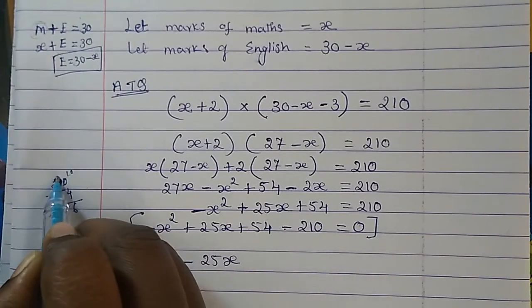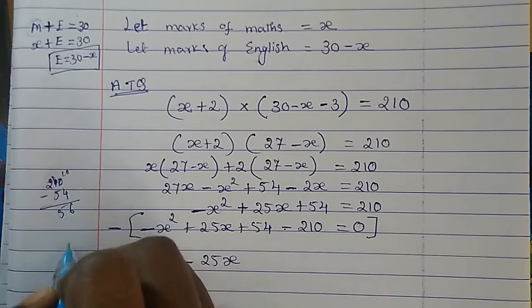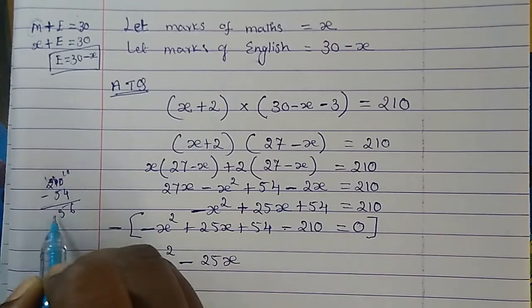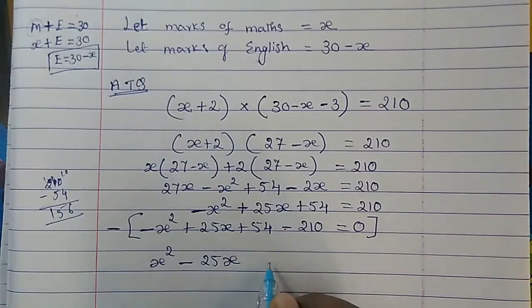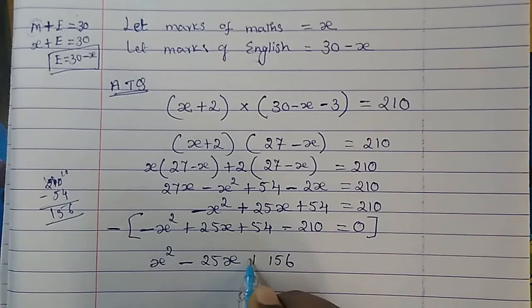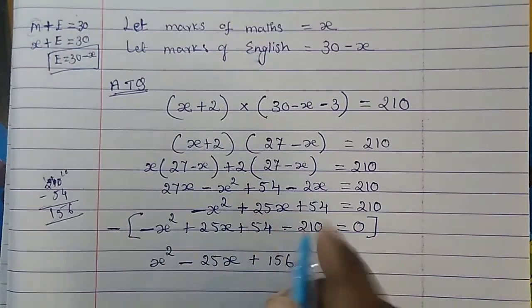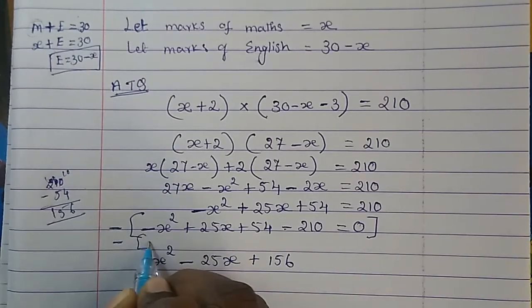Here 0, so 1 borrow here, 10 minus 5, then here we have 1, so 156. So if we subtract this, we get 156. But the biggest number's sign is minus, so minus will remain. Then with minus, when we are multiplying, it will become plus. Otherwise I can write down this step for you here, if you are confused.